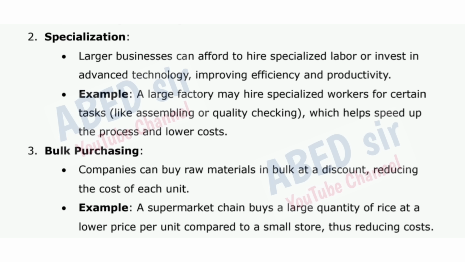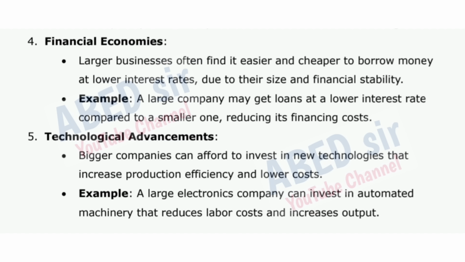3. Bulk purchasing. Companies can buy raw materials in bulk at a discount, reducing the cost of each unit. Example, a supermarket chain buys a large quantity of rice at a lower price per unit compared to a small store, thus reducing costs. 4. Financial economies. Larger businesses often find it easier and cheaper to borrow money at lower interest rates due to their size and financial stability.